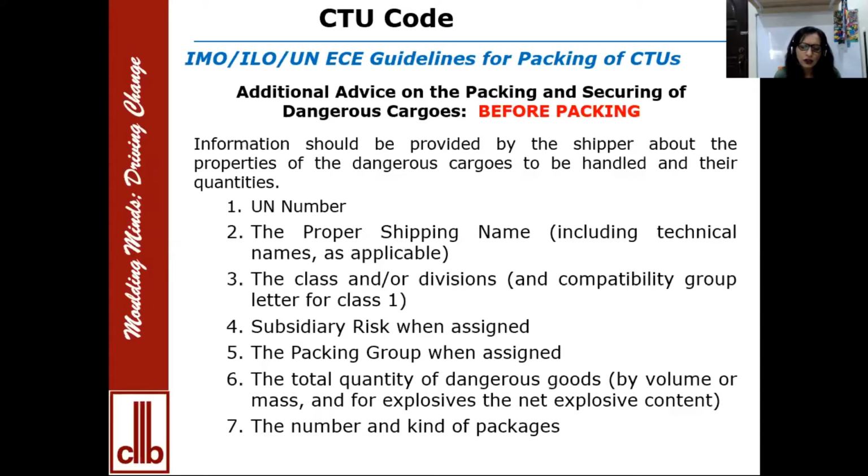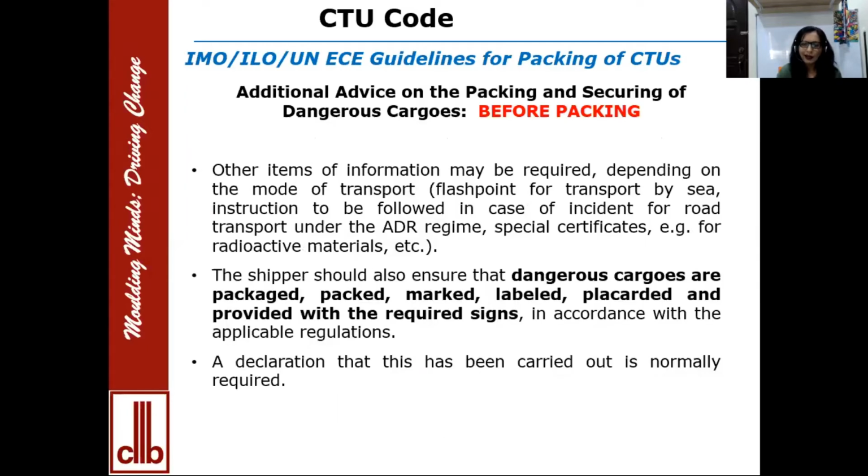Now in addition to that, they also have to indicate the total type and number of packages, right? And any other information like the safety data sheet. They have to indicate, for instance, if the consignment has already been prepared for export, they have to be accompanied with an invoice and a packing list, right?